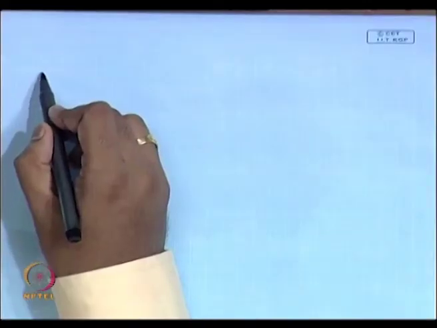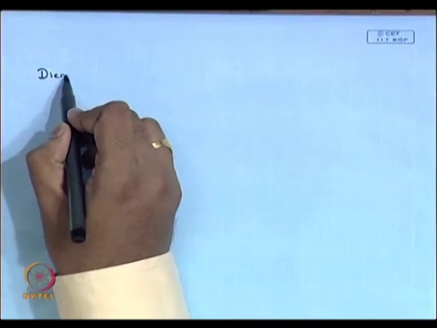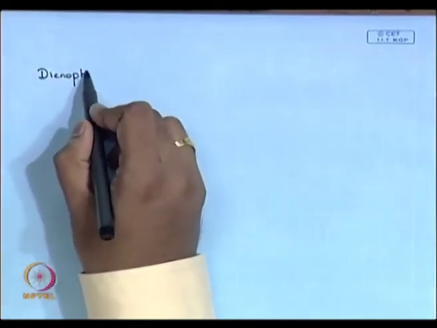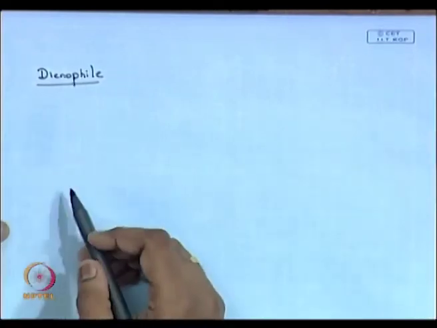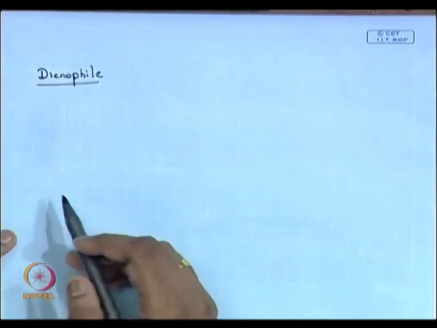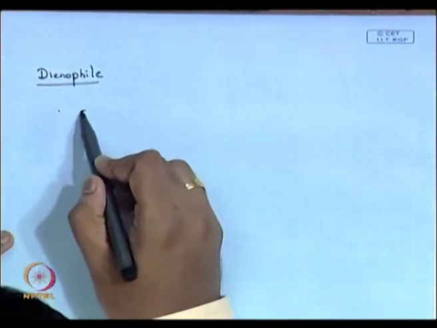Now, we will get into the dienophile. How should the dienophile be?